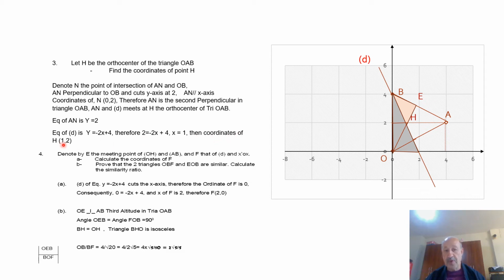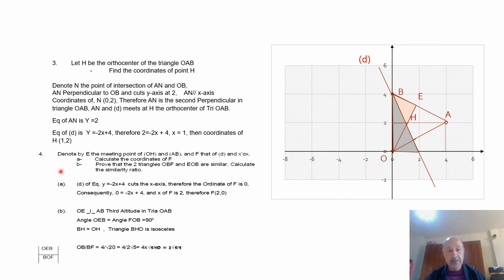Then the coordinates of H are 1 and 2. So 1 is from here, we go up, and we have 2, where they intersect, they meet at the point H.